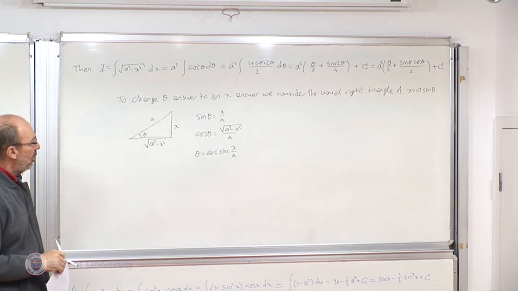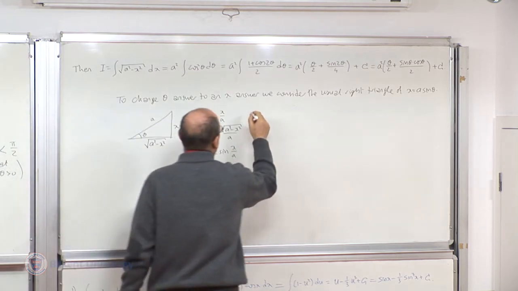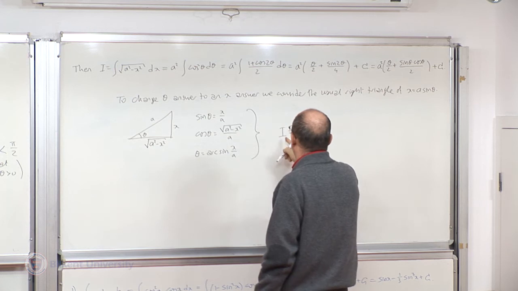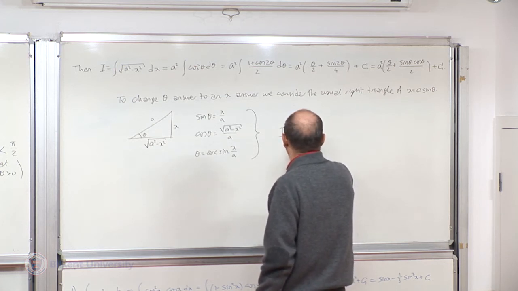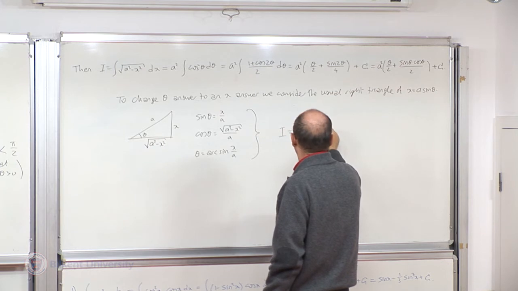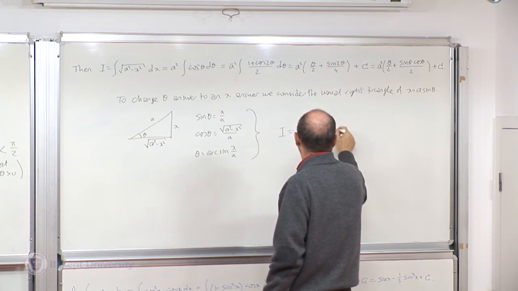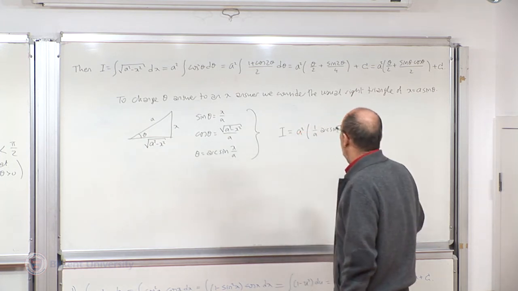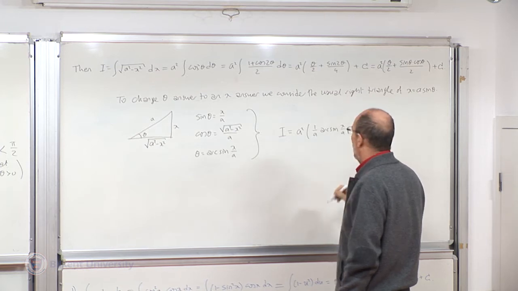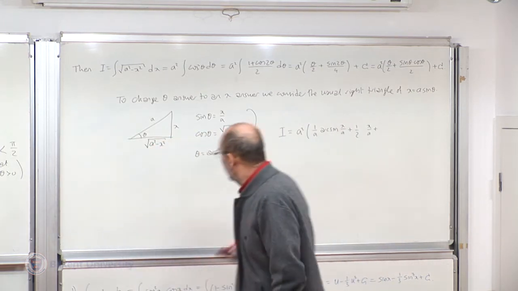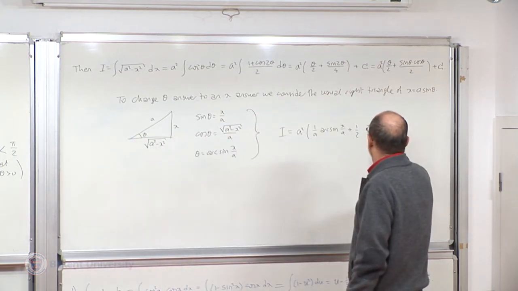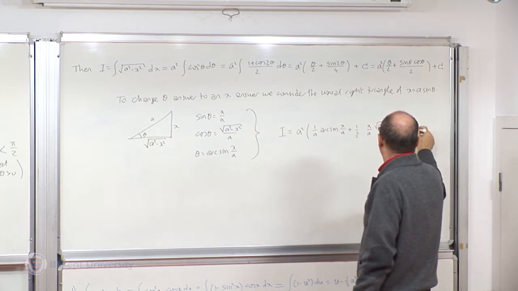Now I put these into the expression. The integral becomes a square times theta, which is arc sine x over a, plus 1 over 2 times sine theta, which is x over a, times cosine theta, which is square root of a square minus x square divided by a, plus a constant.